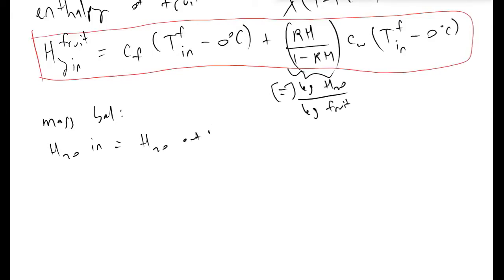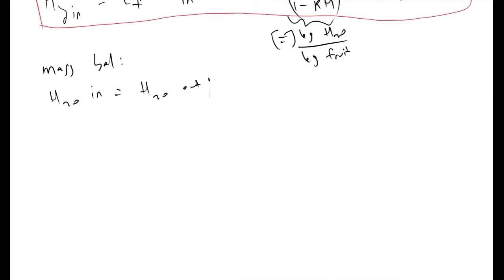And so putting this into mathematical notation, what we would have is the mass flow rate of the dry air times the inlet humidity of the dry air plus the mass flow rate of our fruit times the relative humidity of our fruit divided by 1 minus the relative humidity of the fruit, and this will be in.